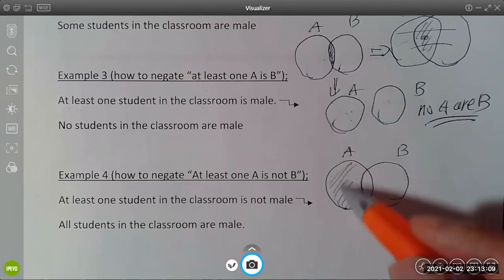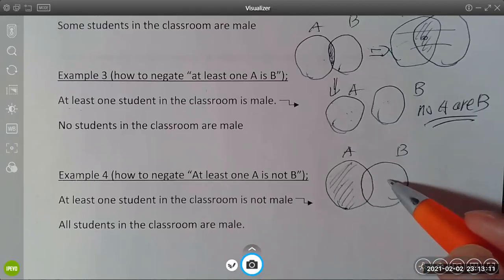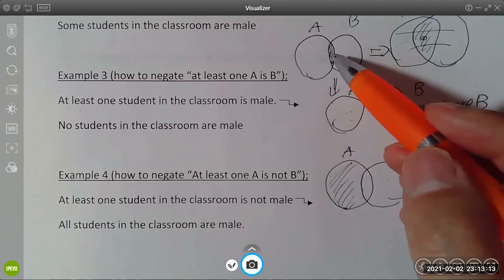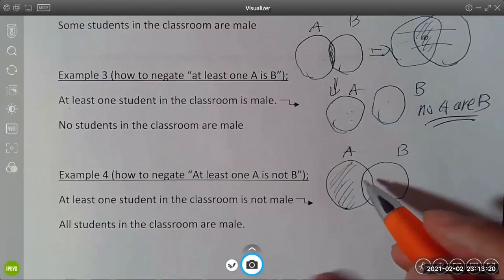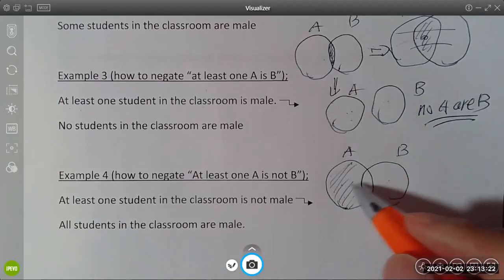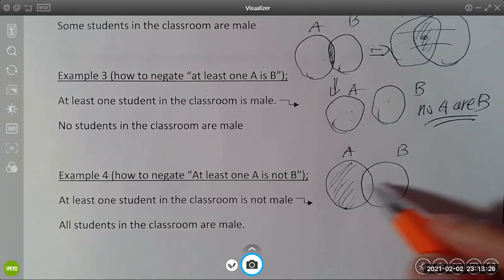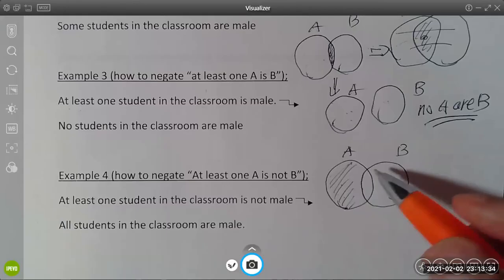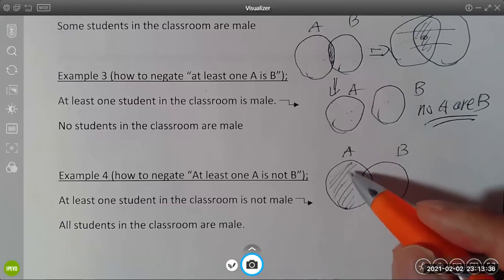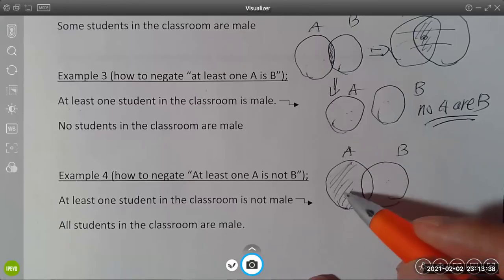Some A, at least one A that is not B. This one means some A are B. This means some A are not B. This is the original. In order to make this untrue, how do we move this circle? Think about that. They emphasize that there's something outside B. If you want to make this untrue, you have to make this something outside B go away.